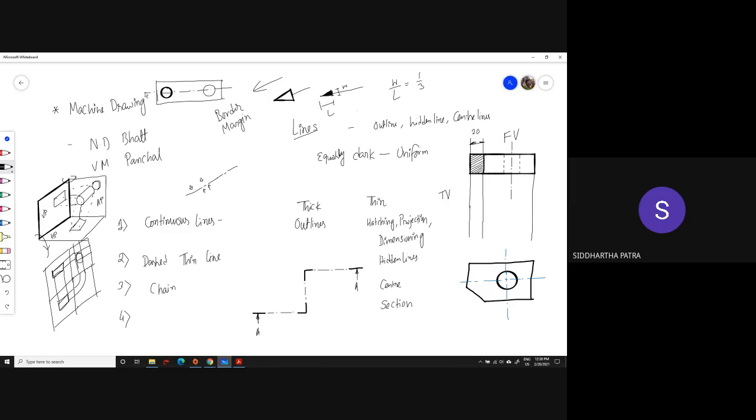At the edges, they're supposed to be thicker. What is the meaning of this? That when I draw the front view, that would be a sectional view, and that would look somewhat like this.